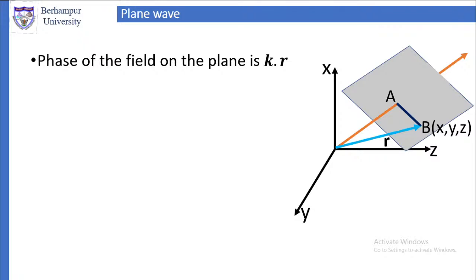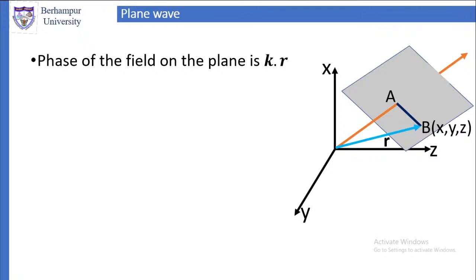So any point B has coordinates x, y, z. So the position vector of the point B is r. So r will be equal to x x-cap plus y y-cap plus z z-cap.